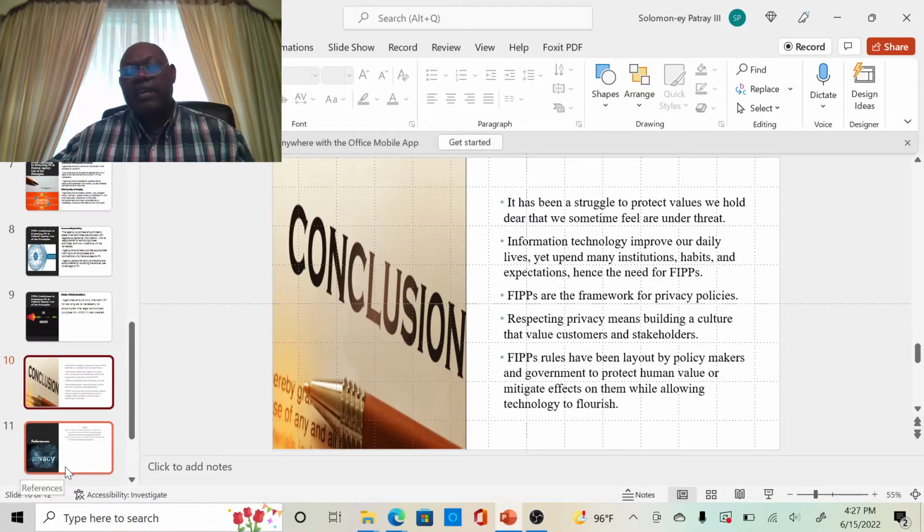Hence, there's a need for FIPPs. FIPPs are the framework for privacy policies. Respecting privacy means building a culture that values customers and stakeholders. FIPPs rules have been laid out by policymakers and governments to protect human values or mitigate effects on them while allowing technology to flourish.